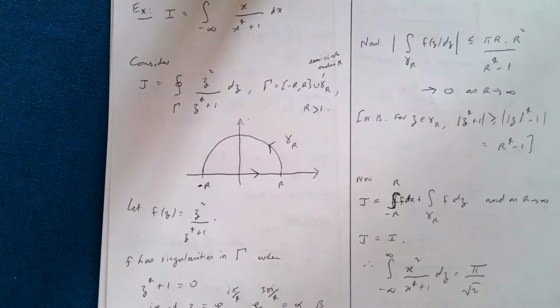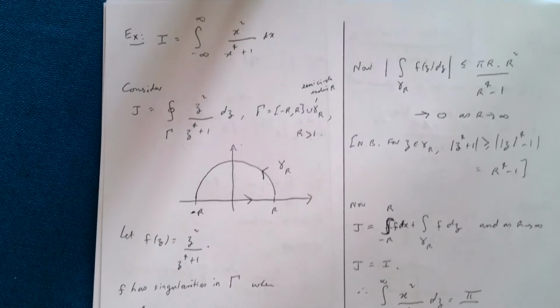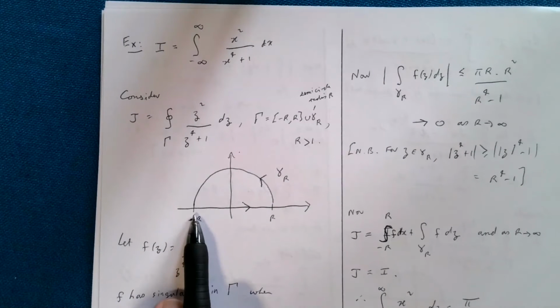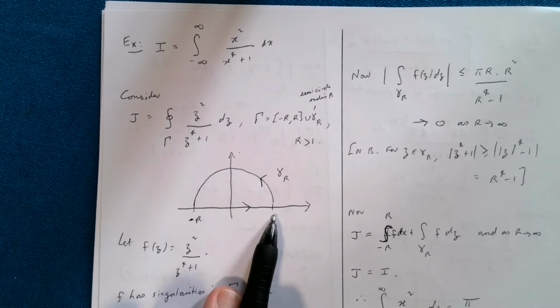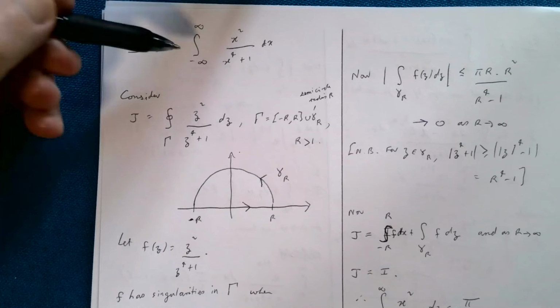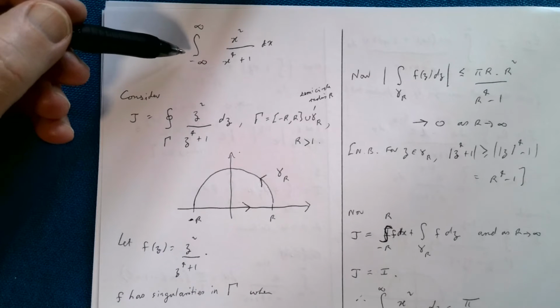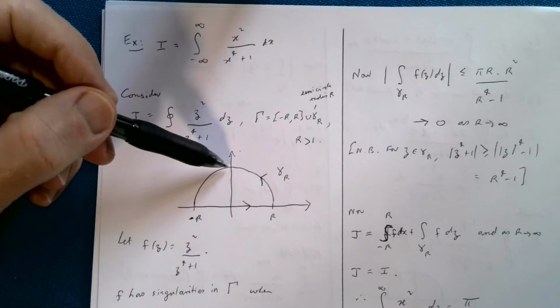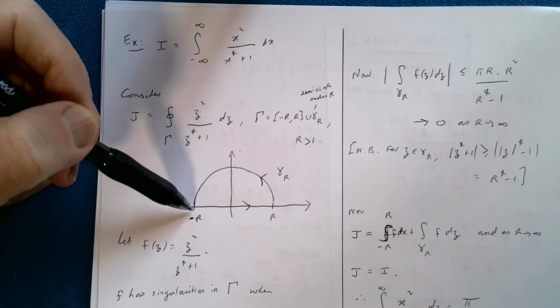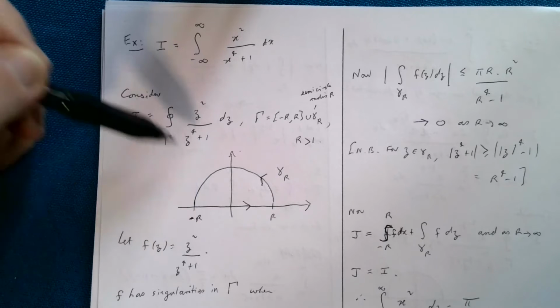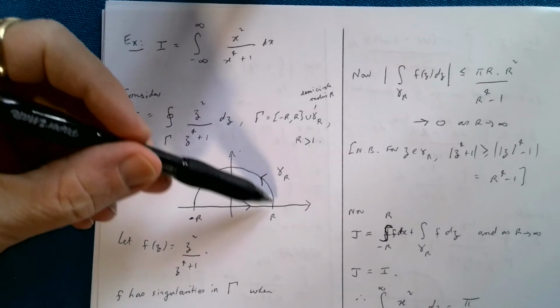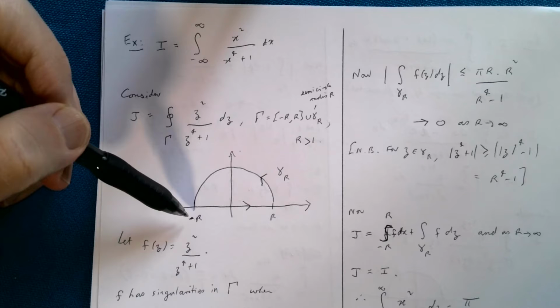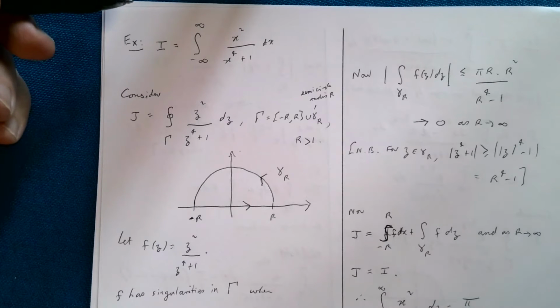Now you can see as r goes to infinity, the integral along the real axis is going to approach the one we started with. So what we have to worry about is, once we've evaluated things, what is the contribution to this integral of the integral around gamma r. And we'll come back to that in a moment.